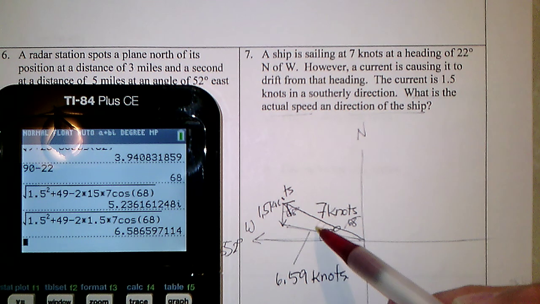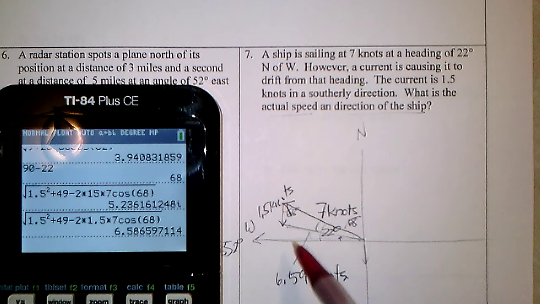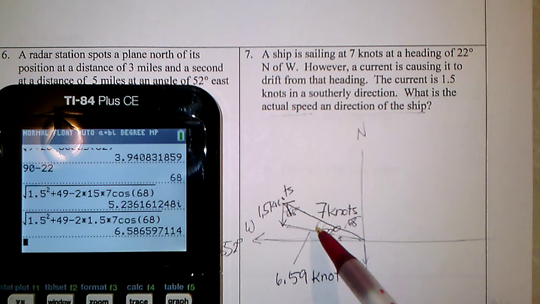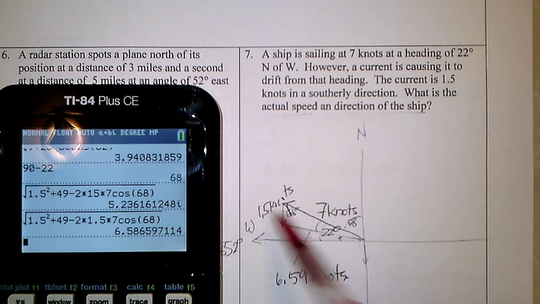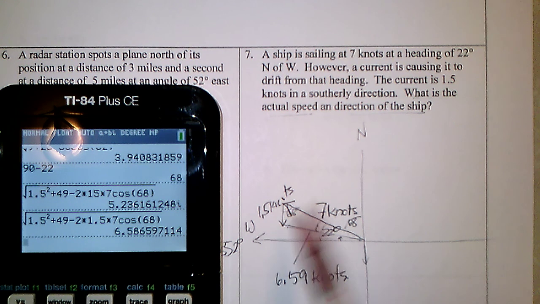Now we'd have to find this angle in here and subtract it off the 22 to figure out what this angle is. So to do that, I have a side opposite that angle, and I have side angle side, and I want to find an angle.